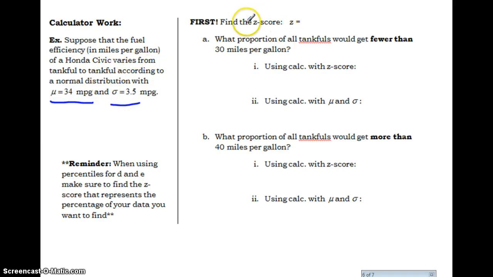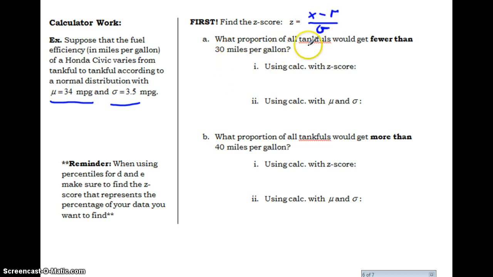So again, I'm going to look back over here and we're going to use both z-scores and not z-scores. We're going to see how we can do this with our calculator. So remember, if I'm using a z-score though, I have to find my z-score. So that's the one extra step. If I am using my calculator with z or my chart, I have to make sure I have a z-score to use.